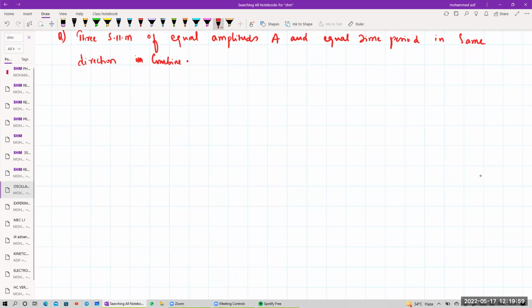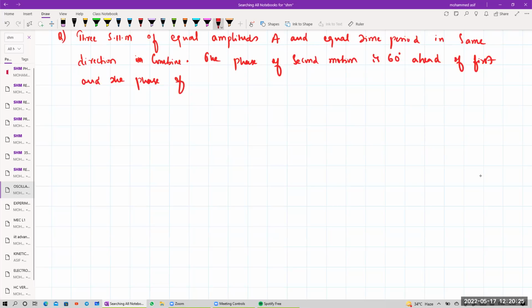Combined. The phase of the second simple harmonic motion is 60 degrees ahead of the first, and the phase of the third motion is 60 degrees ahead of the second.